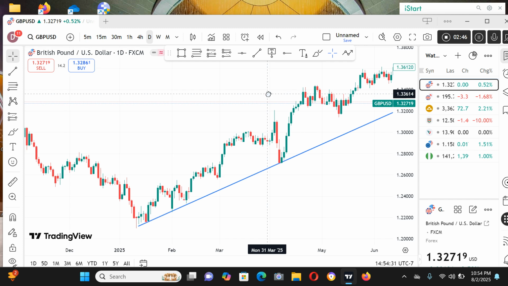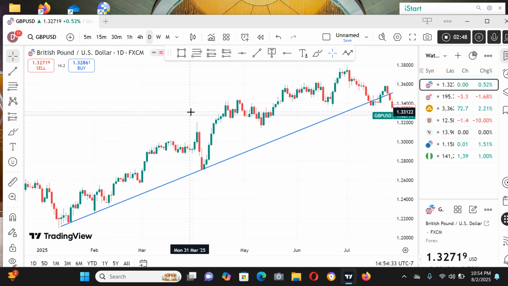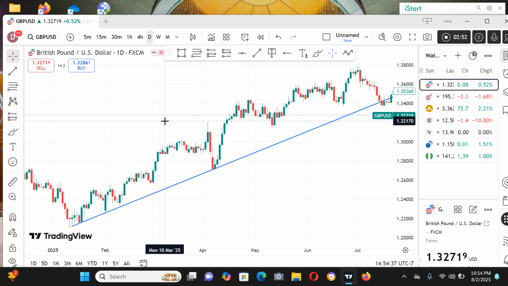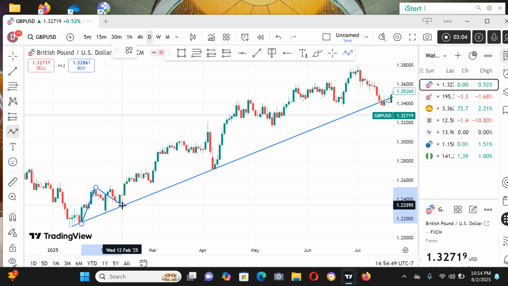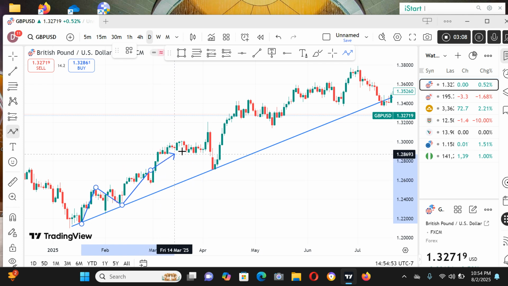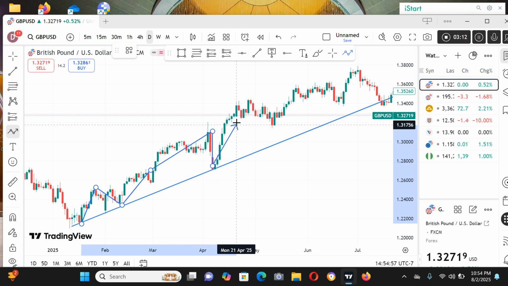So this is just to give us the overall trend of the market. We are really not interested in it beyond that. And as usual, like I always say, market structure is key. So you can see this is lower low, lower high, lower low, lower high, lower low, lower high.